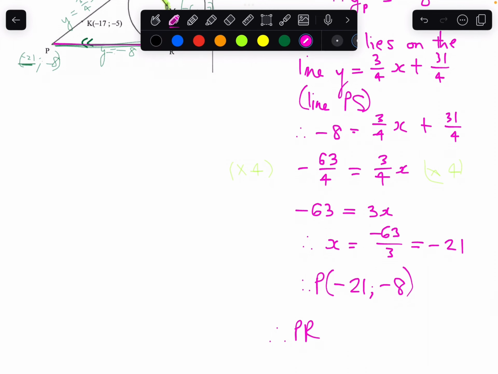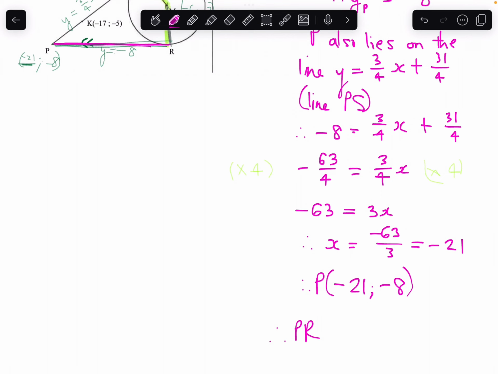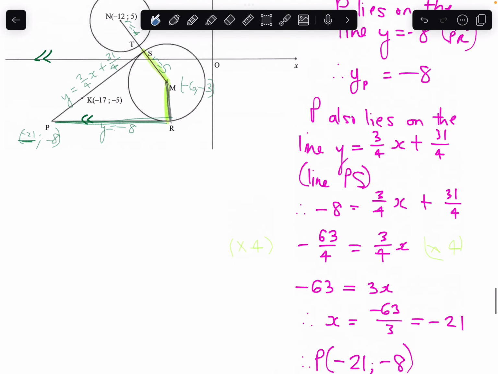So this guy over here, his length is going to be, what are the coordinates of R? We worked that out somewhere, didn't we? We didn't really. But we did talk about this being directly below M, so we know that its x coordinate is negative 6.